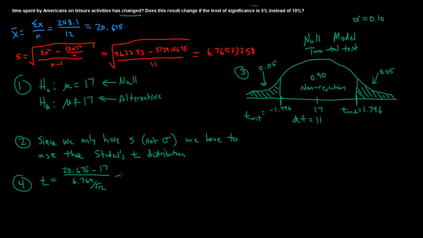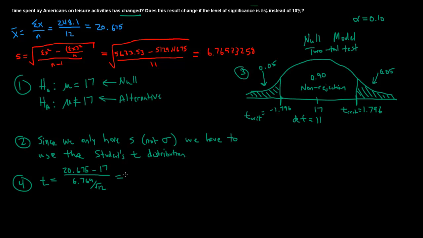Okay, so let's see what this equals. 20.675 minus 17, divided by, make sure to be careful here when you're using a calculator, 6.76933258 divided by the square root of n, which is 12.